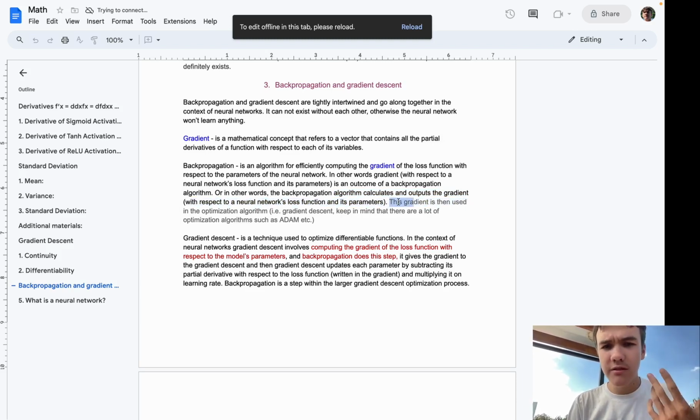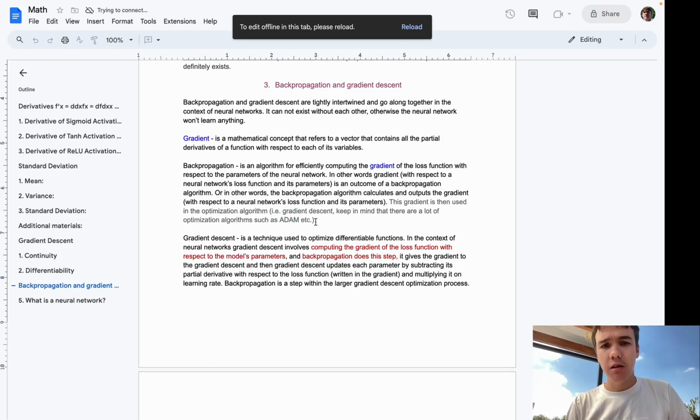And here is a comment, which is not important anymore, but you can read it. This gradient is then used in the optimization algorithm. For example, I put here gradient descent, but you need to understand that there is not just gradient descent; there are also many algorithms which are not gradient descent. I put one example, the Adam algorithm.